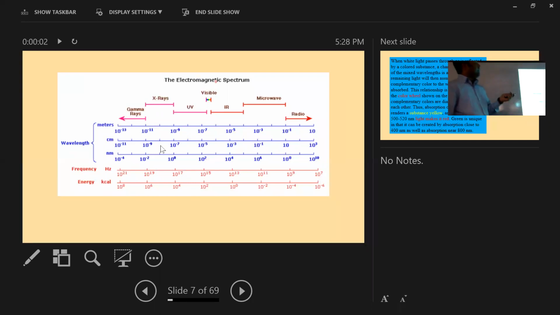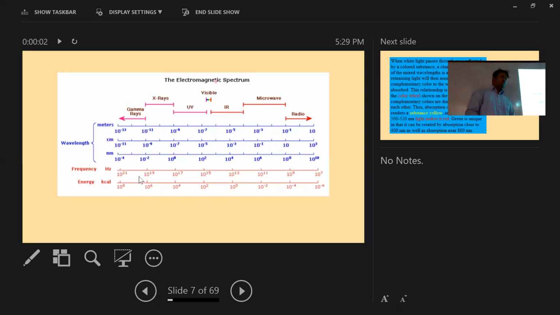Okay, the electromagnetic spectrum. This is your energy in kilocalories. Everything is the same, we are just representing it in different ways. Here you can see the wavelengths in meter, centimeter, nanometer, and the frequency. You are familiar with the equation, energy equals h times frequency, like this.